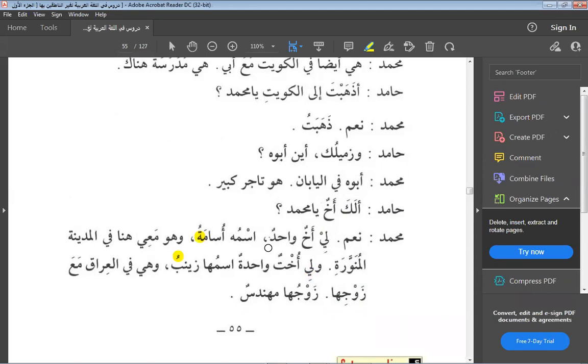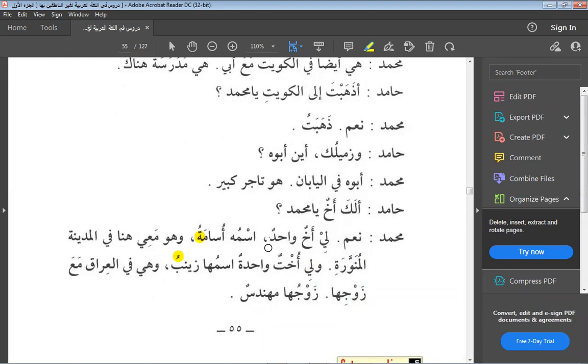The whole of it, volume 1, 2, 3 is beginners. Book 1 is actually a pure beginner's book. So if he says, li ahun wahidun, it can be said to be because we are beginners. And also it can be said the wahidun is emphasis.